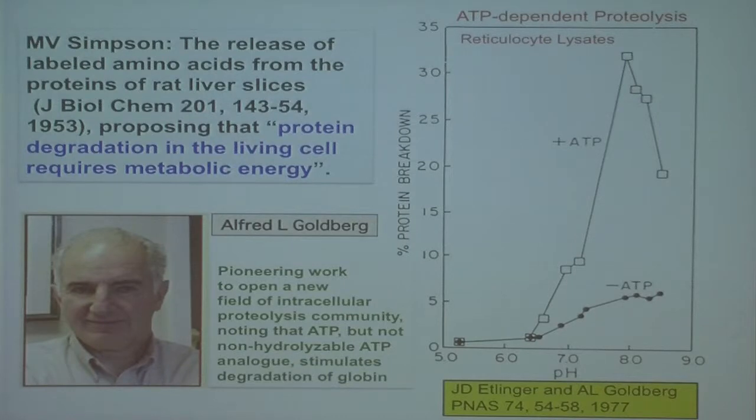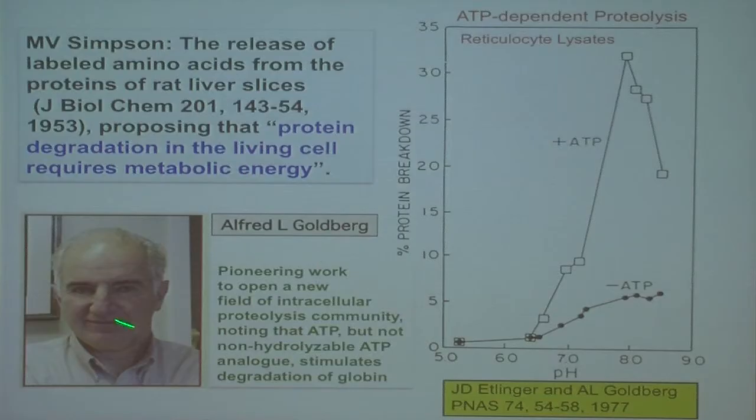I will tell you how the ubiquitin-proteasome system was discovered. A long time ago, M.V. Simpson found that metabolic energy is required for protein degradation. But this was an unusual observation, so nobody believed this proposal.